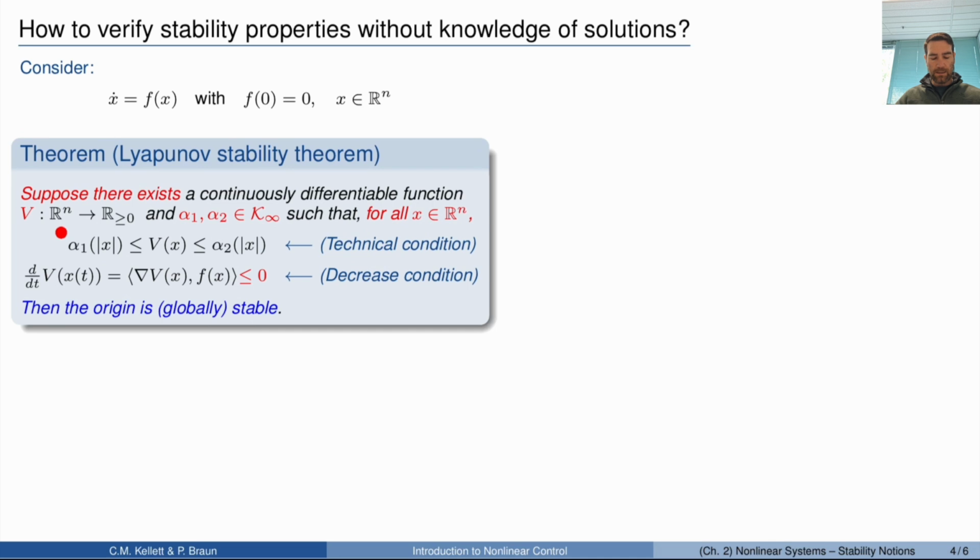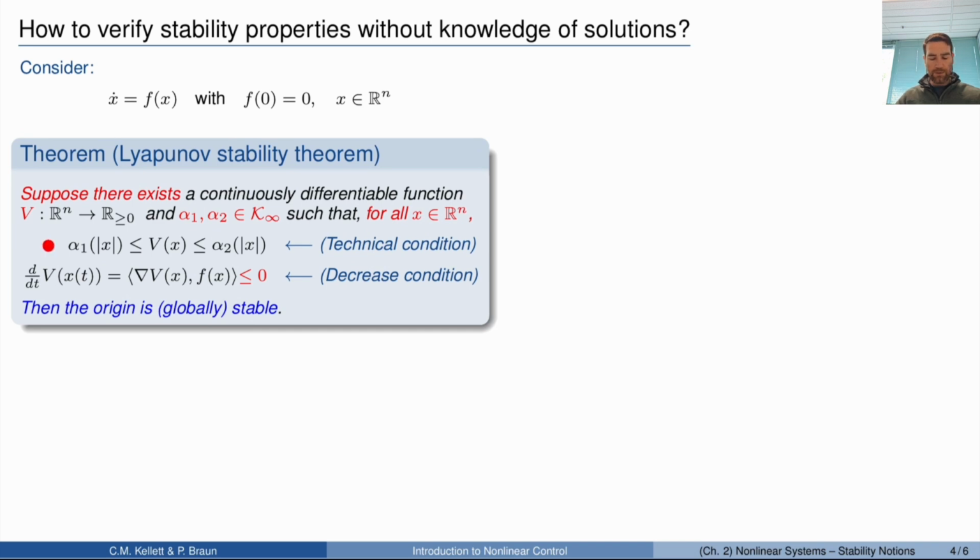from Rn to the positive reals, and if we can find K-infinity functions alpha 1, alpha 2, such that these two conditions here are satisfied, then we can conclude, in this case, even global stability.